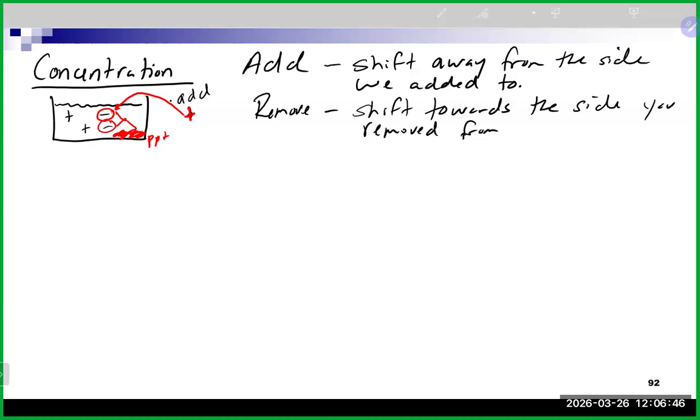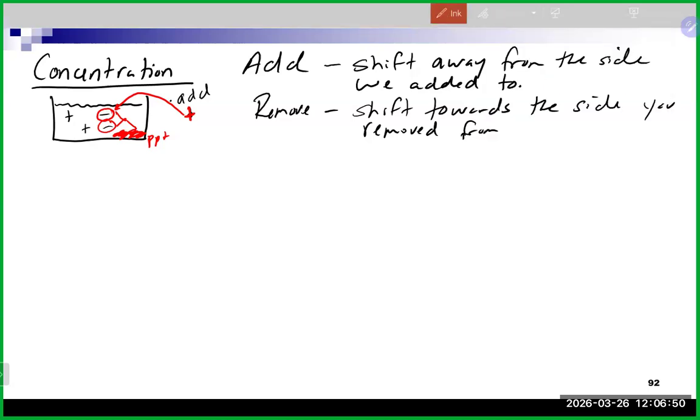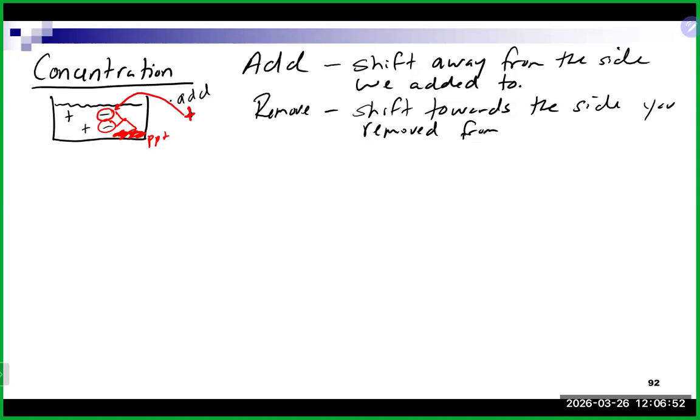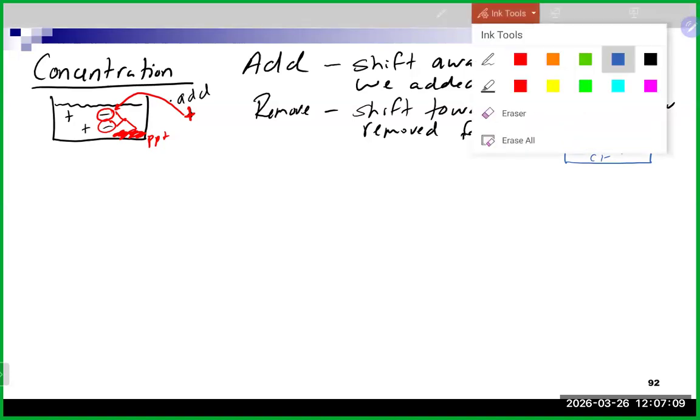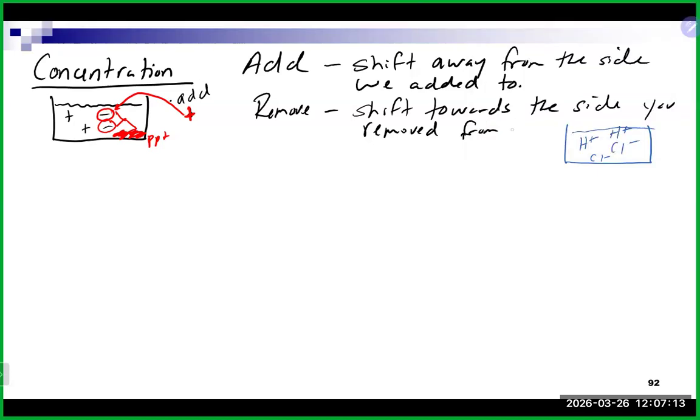Another very common way that you could remove it, unlike the precipitate example where you would probably be able to see that you did that, let's just say you had a solution that was an acid-base solution or something, and there's some H plus in the solution. And I added some, say, sodium hydroxide.